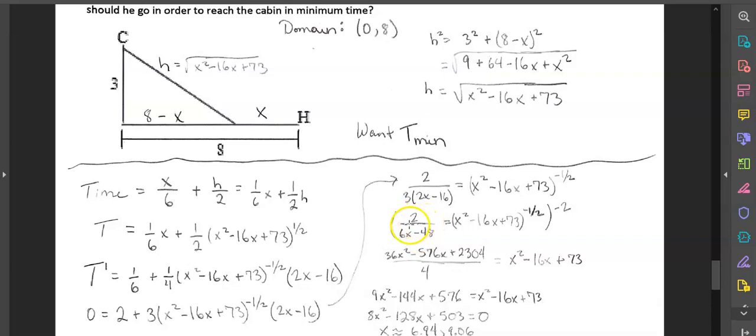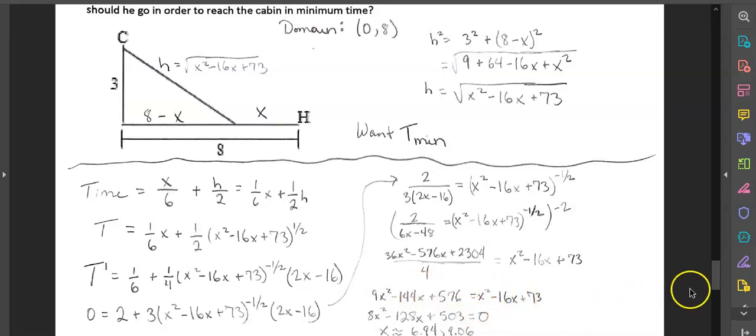Because I'm squaring it, you have to put the 6x minus 48 in parentheses and square that. So when you FOIL it out, this is your expression. Then you can divide 4 into each one of these, so that reduces here, and then you have it equal to the right-hand side. Then you bring everything to one side to set it equal to 0.